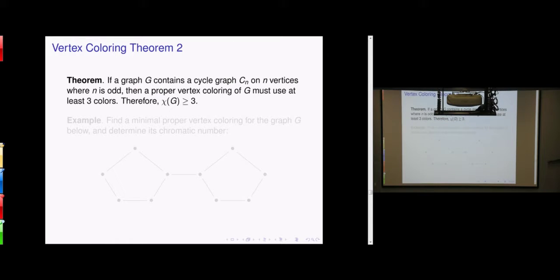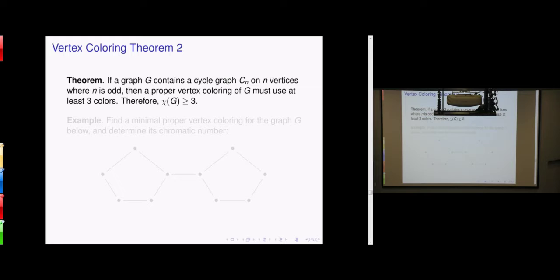Here's another vertex coloring theorem, which tells us a lower bound of the chromatic number. Just now it said if a graph contains a complete graph Kn, then the chromatic number is at least n.